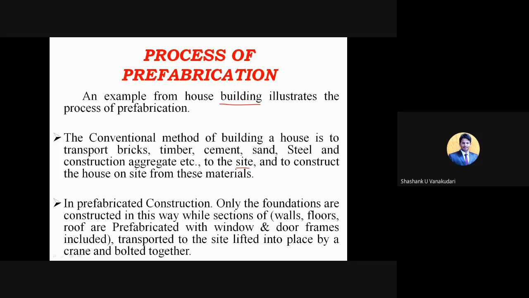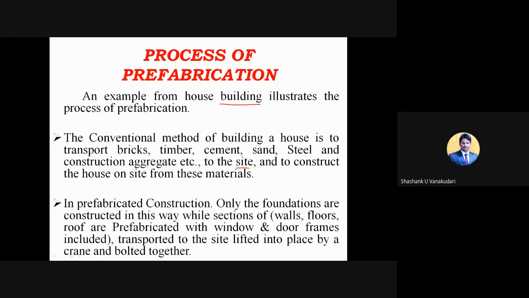Only the foundations are constructed in this way, while the sections of walls, floors, and roofs are prefabricated, with windows and door frames even included in the wall panels. They are transported to the site, lifted into place by a crane or other hoisting equipment, and then bolted together, one element to the other. So this belongs to the prefabrication concepts.